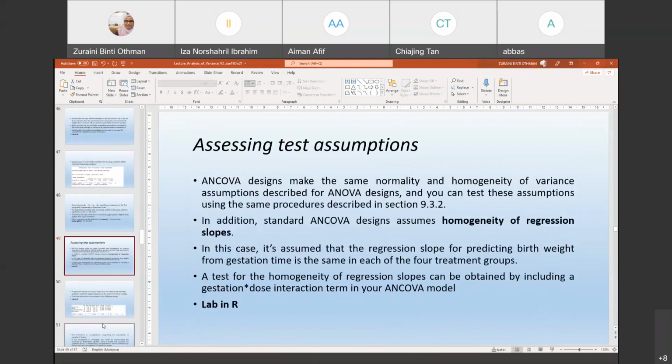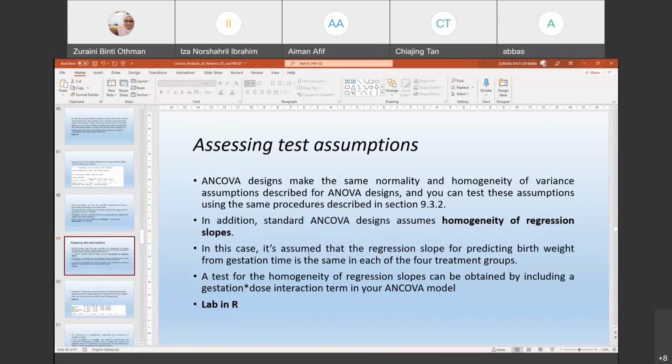And this is how we test the assumption. We want to make the same normality and homogeneity of variance assumptions described for Anova design. You can test these assumptions using the same procedure. Previously you also used assessing test assumptions, but in addition, the standard Anova design assumes homogeneity of regression slopes.